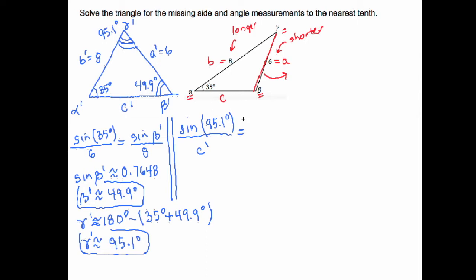And that's equal to, and I'll use the given, I was given 35 degrees, and the side opposite it is 6. So I'll have the sine of 35 degrees over 6. And solving for C prime, again, I'll let you go ahead and do the calculation, C prime is equal to 10.4. And I have solved one of the two triangles. I'll write 10.4 in right here.